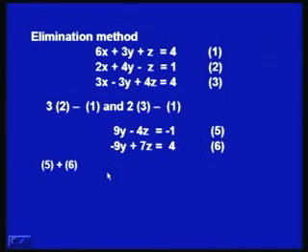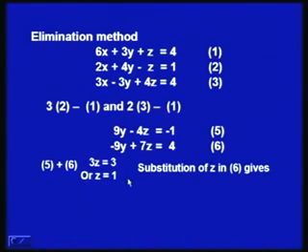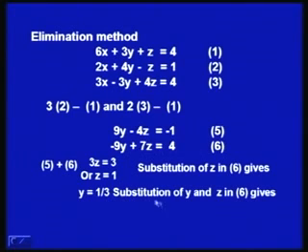The y will be eliminated, and what we have is 3z = 3, which gives us z = 1. Now, if you substitute z in 6, we can get y as 1 by 3, and substitution of y and z gives us x = 1 by 3.